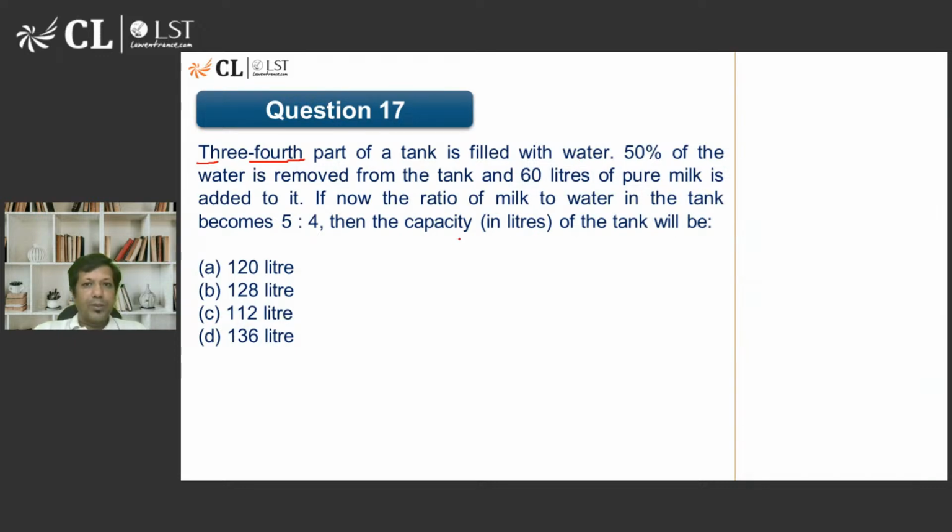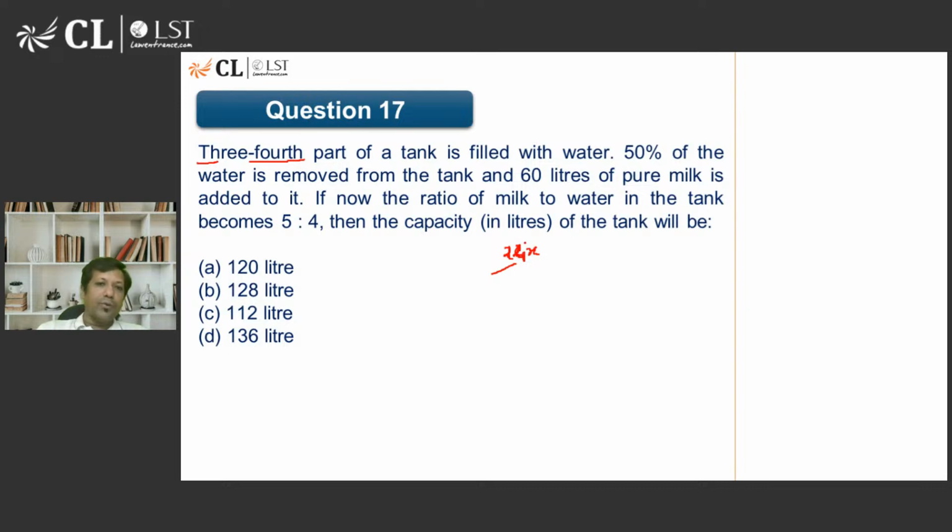So I am going to assume the capacity of the tank to be a multiple of 4. Let's say 12x. So 12 will not work, I think we should go with a multiple of this. So I am assuming the capacity of the tank is 24x.